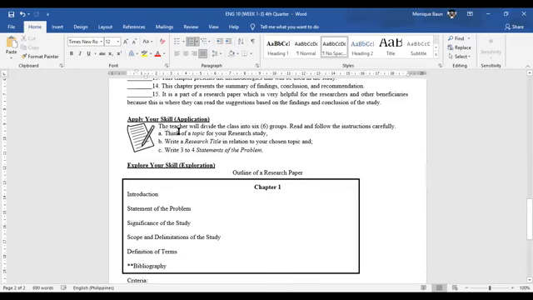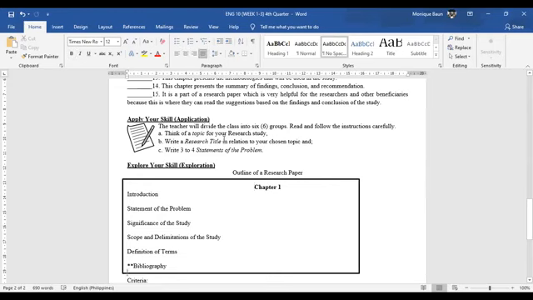I gave you an assignment to look for a topic for your research study. For your topic, you may come up with your research title. You may start talking with your group mates and then write 3 to 4 statements of the problem.